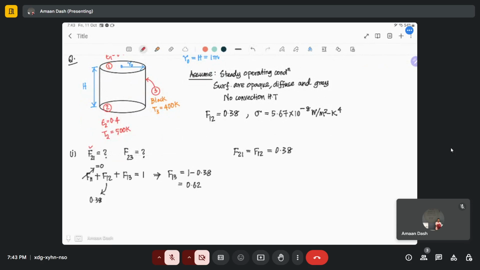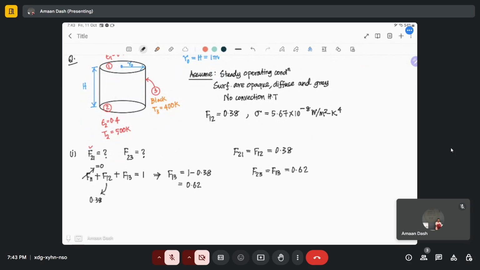Now, surface 1 is a flat surface, so all the radiation coming out will go to 2 and 3, and nothing will bounce back to 1. F11 will be equal to 0. And F12 is given to be 0.38.